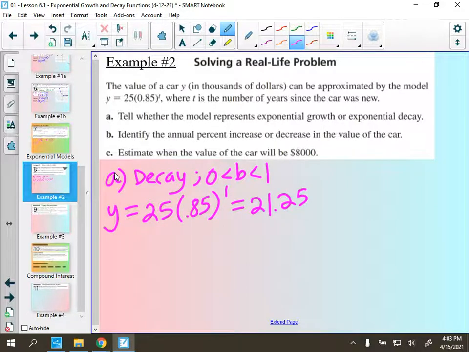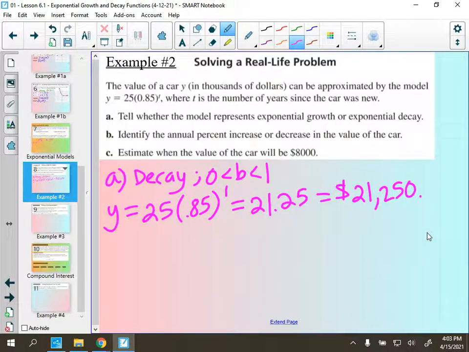What does that mean? It means that after 1 year, the value of my car was $21,250. If I move the decimal point over 3 places for the thousands there.